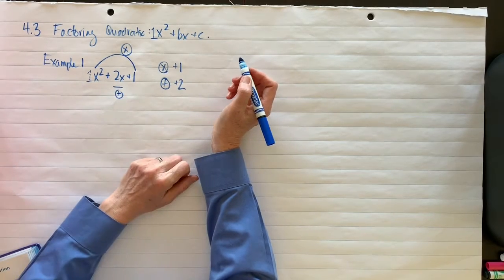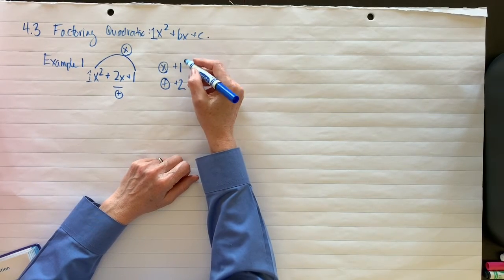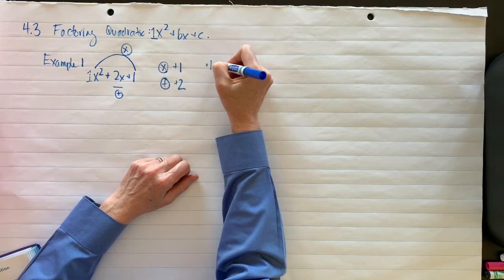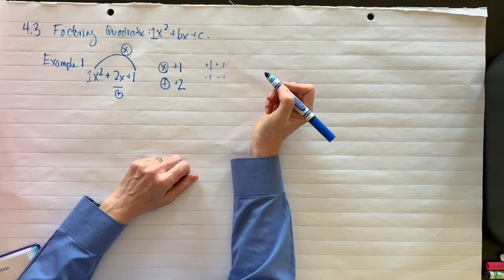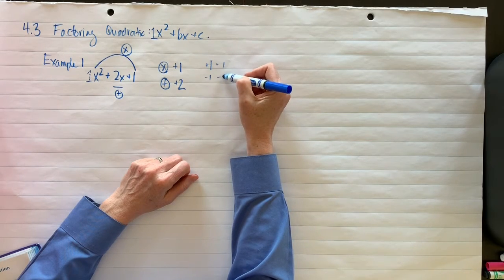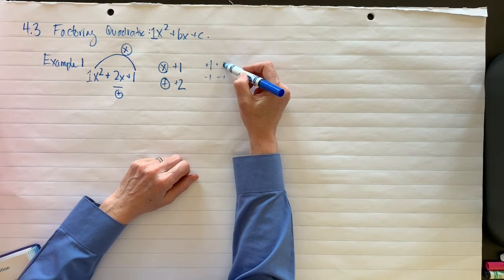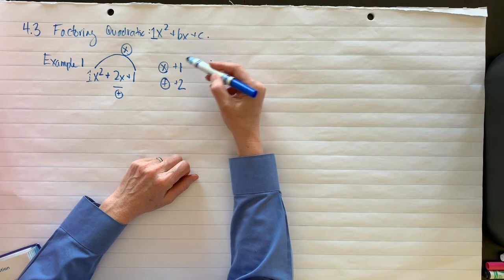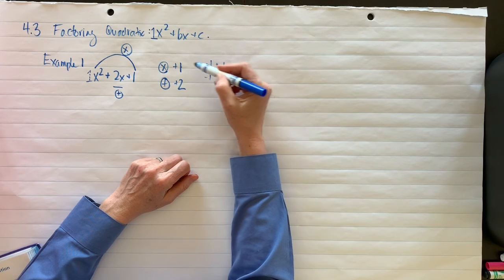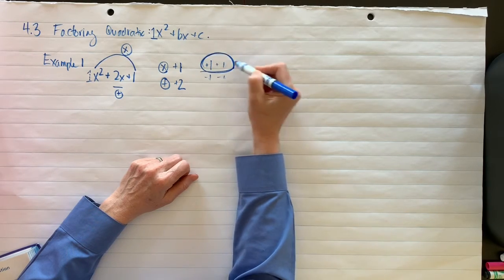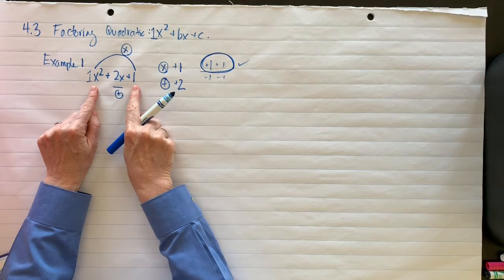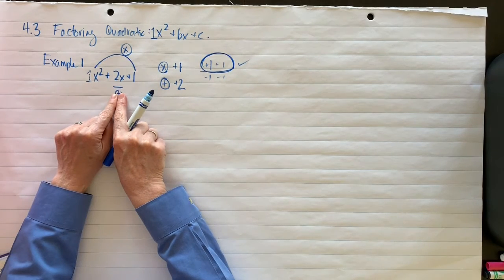Well, that's pretty easy. The only things that multiply to 1 are positive 1 and positive 1. Could be negative 1 and negative 1. But of these two combinations, because positive 1 times positive 1 equals 1, negative 1 times negative 1 equals positive 1, which of these two add to positive 2? That is the only combination that multiplies to the outside and adds to the inside.